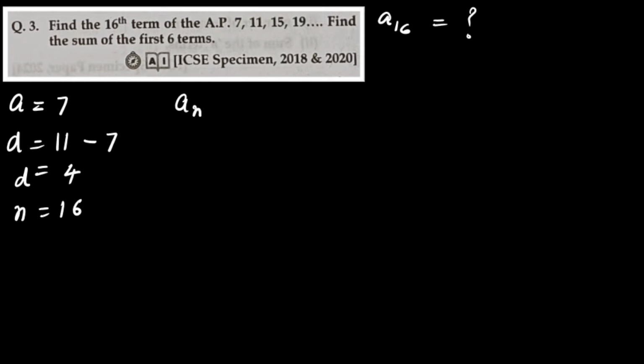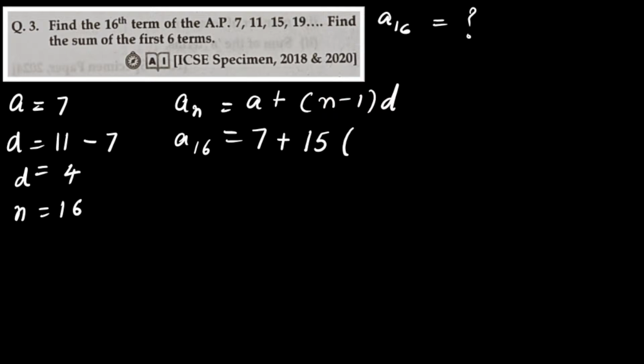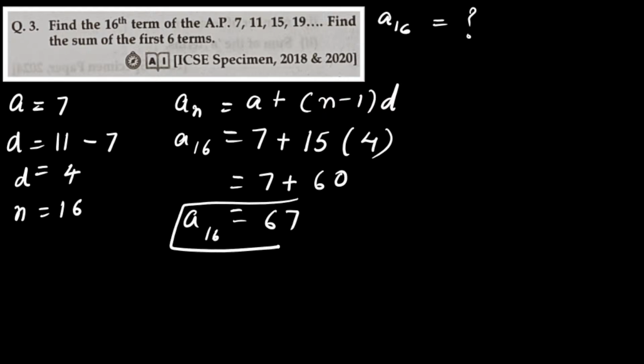So for An's formula we will use An equals a plus n minus 1 into d. a is 7 plus, this is A16, so 16 minus 1 is 15. d's value is 4. So 7 plus 15 into 4 is 60. So 67. A16 is 67.